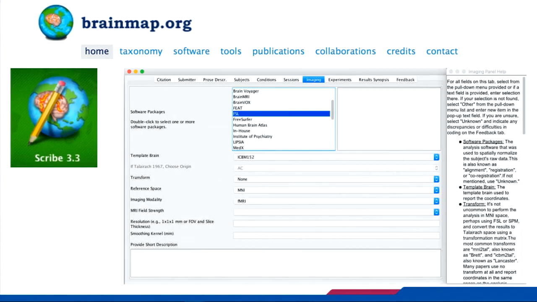As I said, the data can be entered using Scribe, and this is roughly what it looks like. So basically, all the information I just talked about is entered through this interface, and there are actually two versions. There's the full coding, providing all the information, and there's a sparse coding format, which basically allows you to enter data faster, by not providing all of the full information, but really focusing on the key aspects, which is what subjects, whether normal subjects or what disorder they have, how many subjects were there, what was the task, what was the contrast.